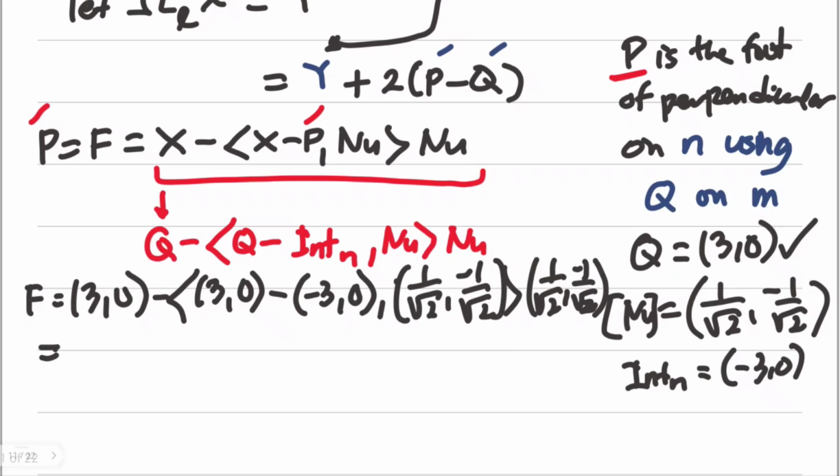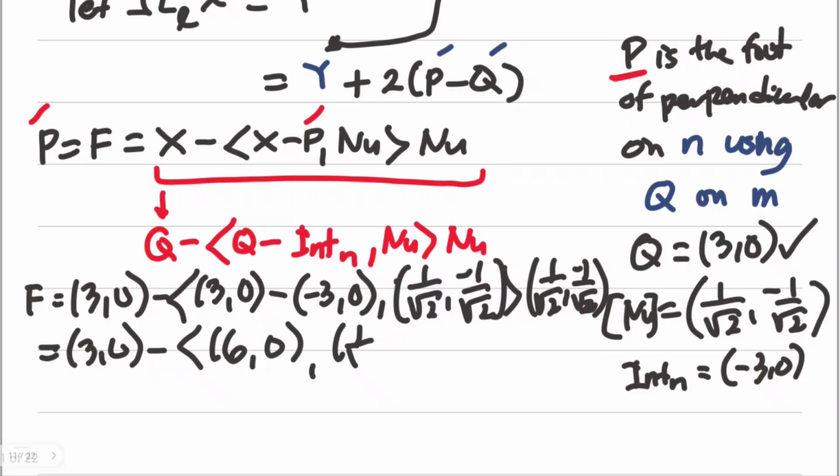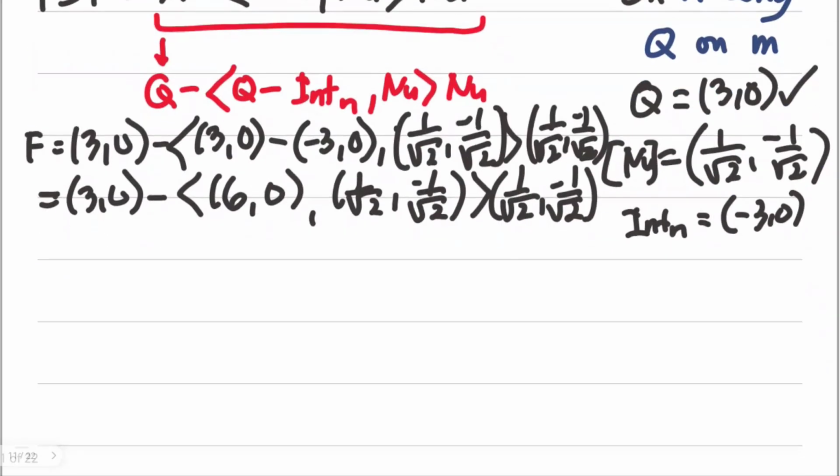This is actually 3, 0, minus, as you can see here, 3 minus negative 3 is actually 6, right? 6, and then 0. And we'll have here 1 over square root of 2, negative 1 over square root of 2. Inner product of that, again, you have your same unit normal vector.